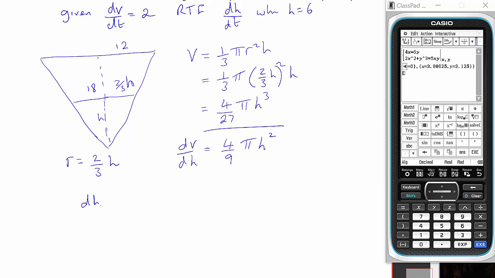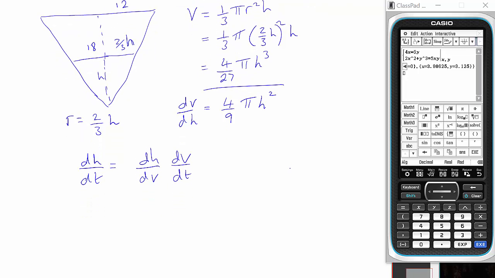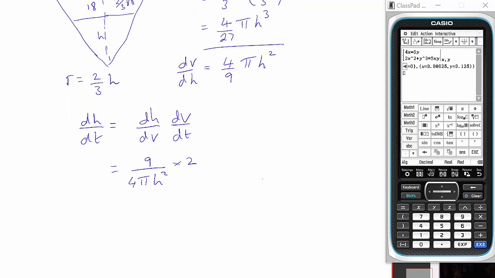Now we want dh/dt, which is going to be dh/dV times dV/dt. So dh/dV would be 9/4 pi h squared. dV/dt is 2.